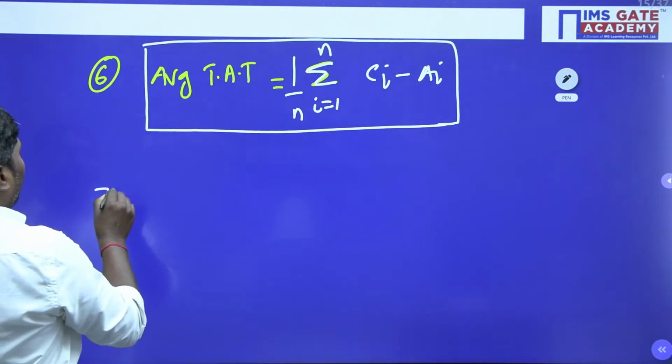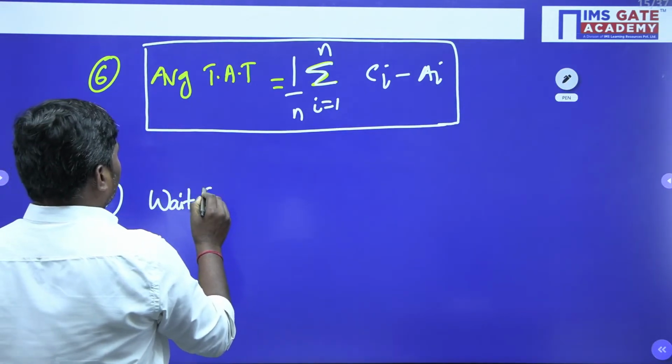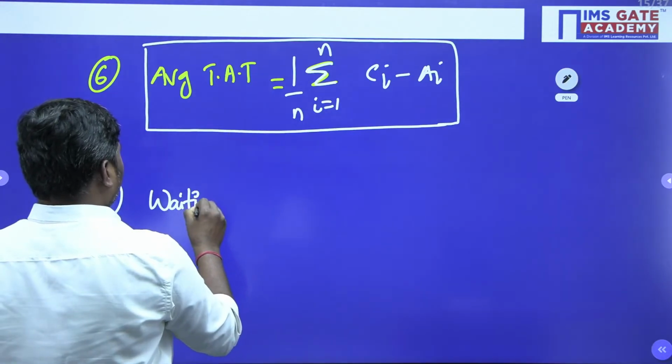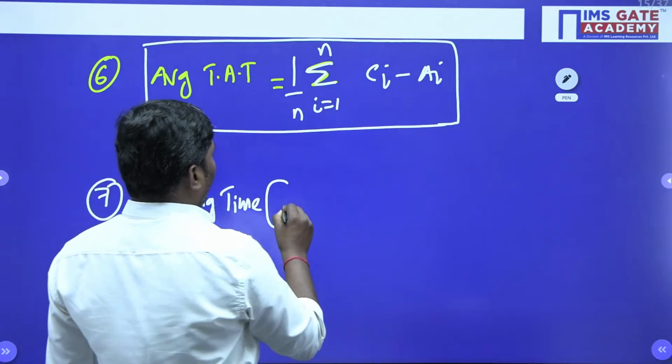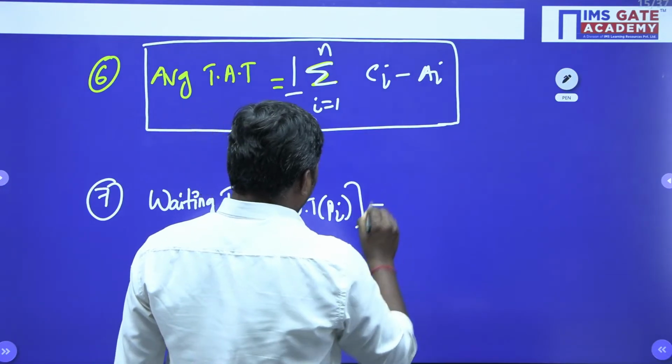So, the seventh one. I will ask what is the waiting time of a process? Waiting time of a process, WT of process Pi. How can we define it?